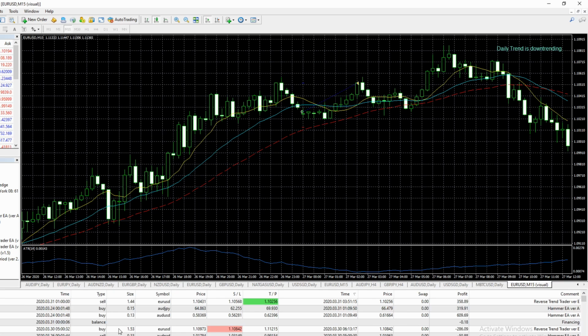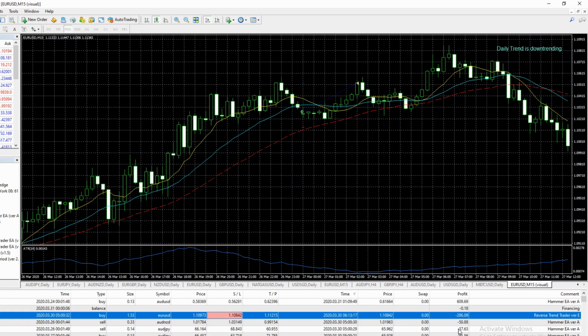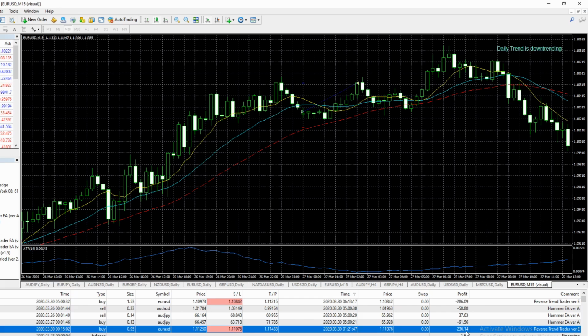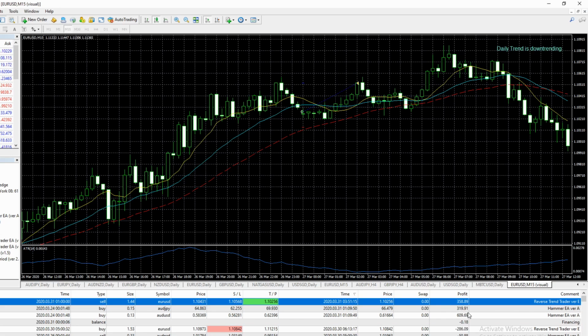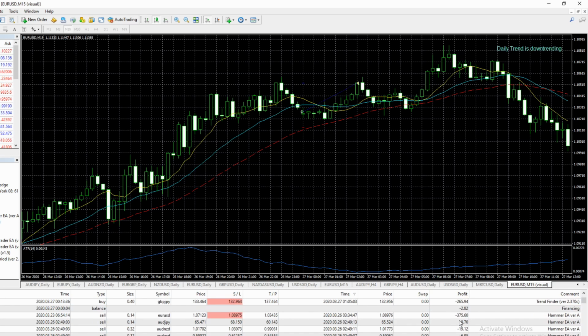Let's check my account history. Let's look at my previous losses. 286, 226. Yeah, it's actually a bit smaller than I thought. Maybe I should have set the exchange rate counter currency to 1:1.